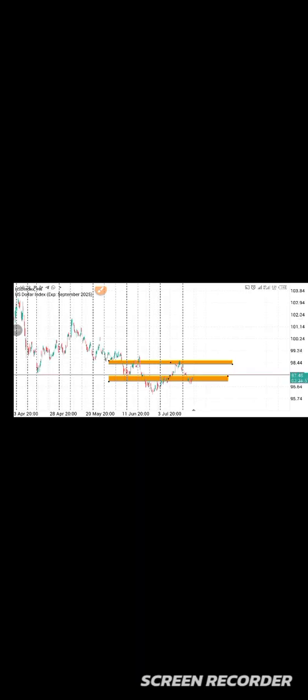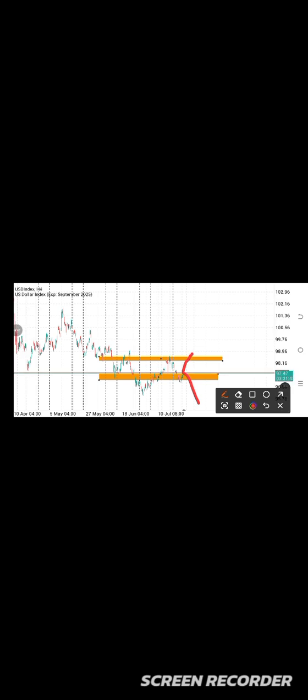We may have something like this: a drop from here, which is possible, or a retest of this and then a drop. But much better is if it can break this neckline, drop, there is a pullback, then voila. So those are the possibilities we may see going into next week.